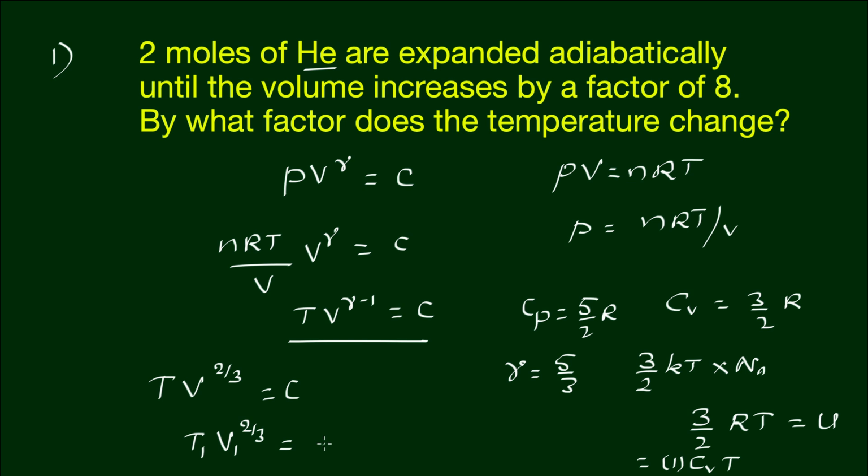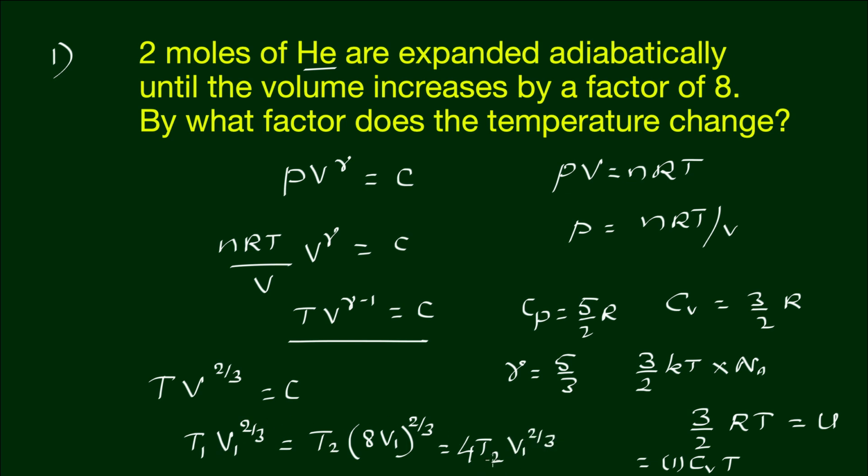It's equal to the final temperature T2 multiplied by the final volume, which is, according to our problem, 8 times V1, to the power of 2 by 3. Compare the two sides. You have 8 to the power of 2 by 3 here. 8 to the power of 1 by 3 is 2. 2 to the power of 2 is 4. So we have this is equal to 4 T2 V1 to the power of 2 by 3.